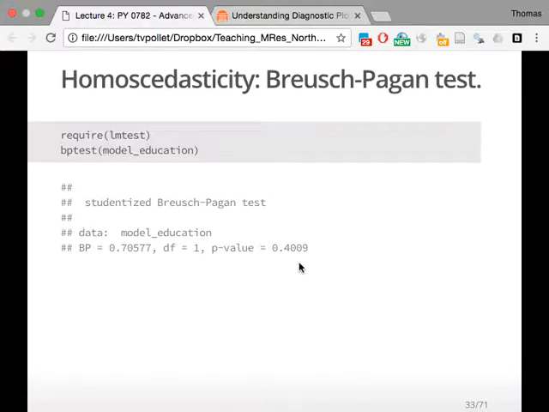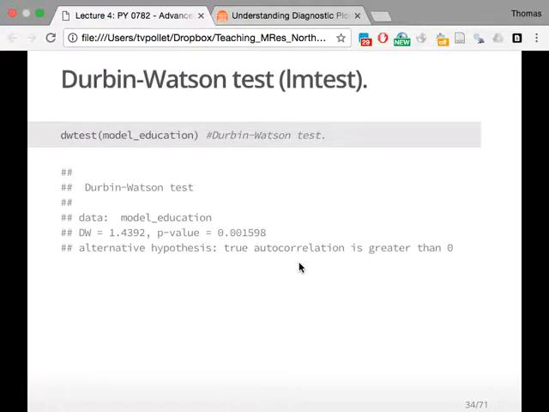Any questions? So that's just a test which you can do in case you really are a little bit confused about the plots. You can also rely on that test. And then autocorrelation, which is one thing we haven't covered thus far, for which we had no real plots. We can test it with the Durbin-Watson test. And in this case, we would find that there is autocorrelation.